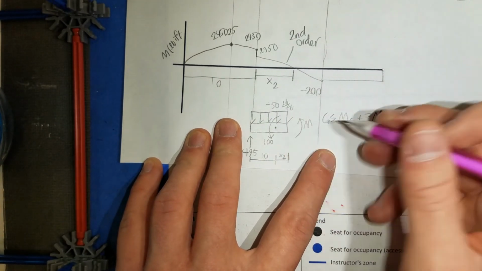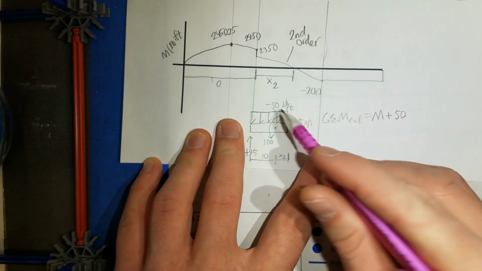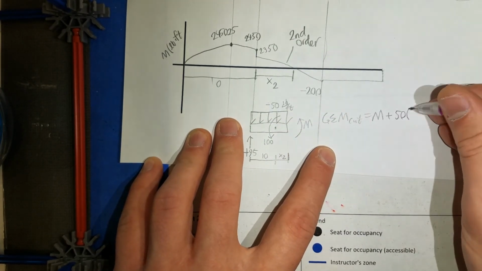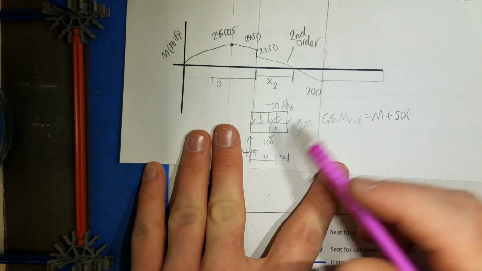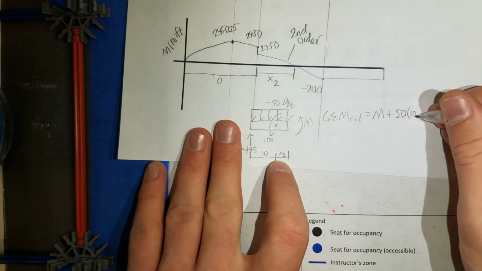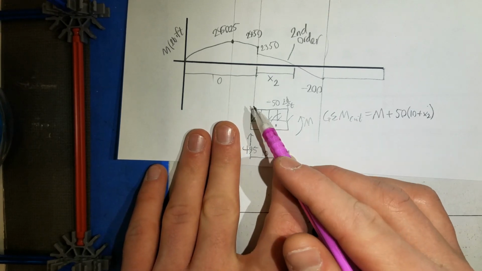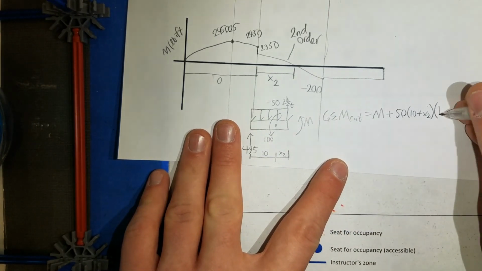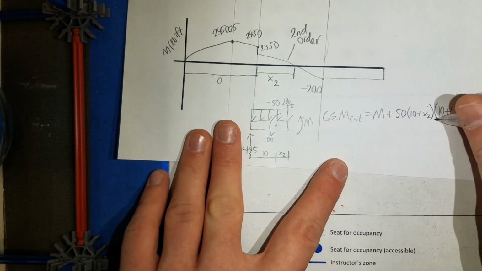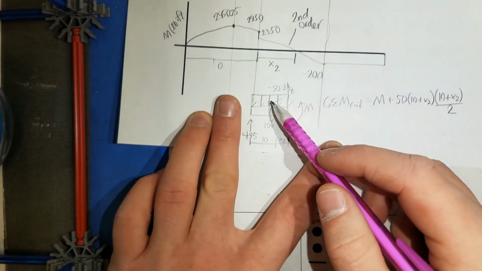So we're going to have around here our 50 pound-feet distributed load multiplied by the total distance, which is going to be 10 plus x2. And then that's going to be half of the 10 plus x2 over 2. So that's the moment from that.